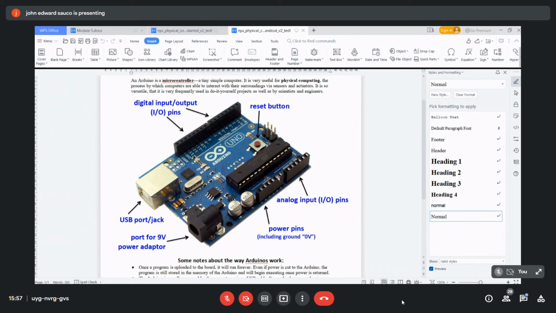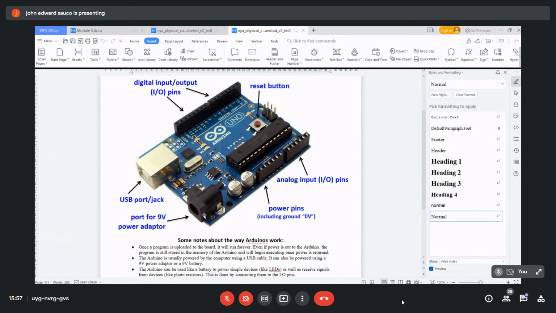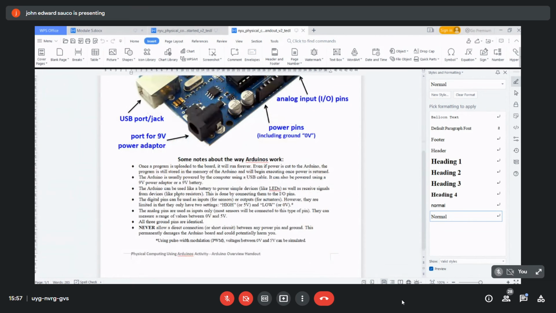So, ito yung ating mga power pins, analog pins, and digital input-output. Okay? Then, yung reset button para i-reset yung ating program na nasa Arduino. So, once a program is uploaded to the board, it will run forever.